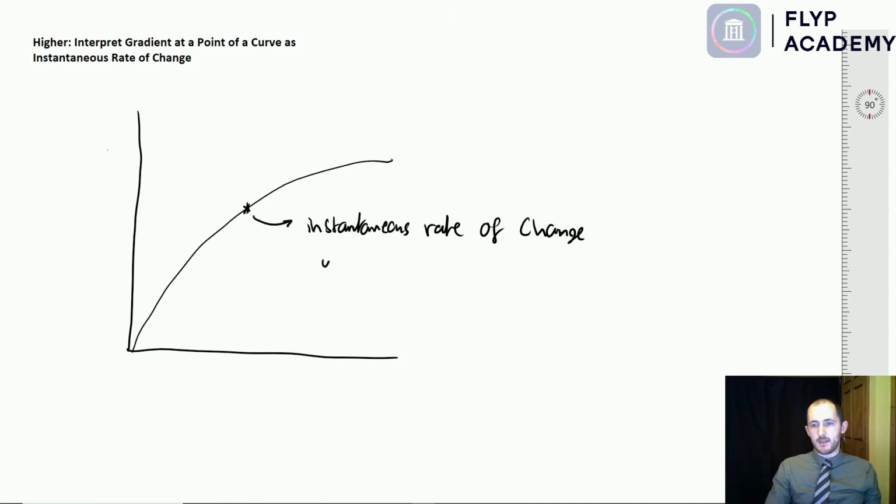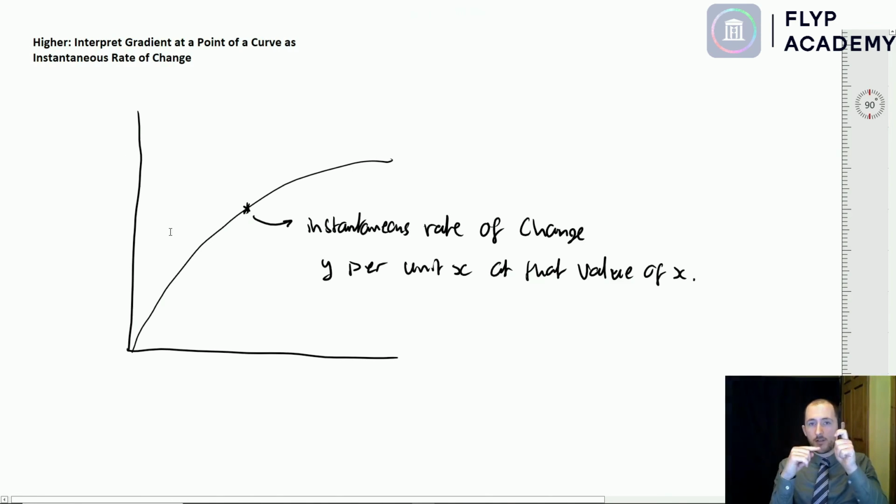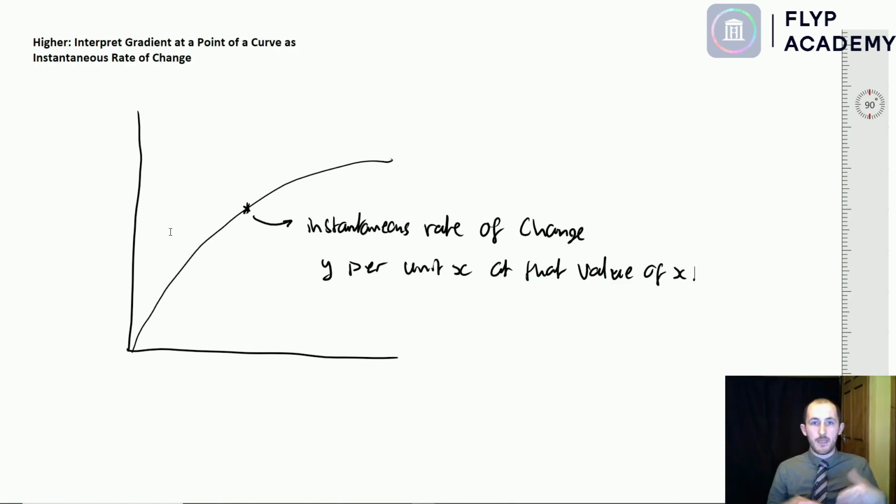So it's the y per unit x at that value of x, and only that value of x. Also, one thing you may want to remember is that if it's a distance-time graph, distance per unit time is your speed. That's just one other thing to remember.